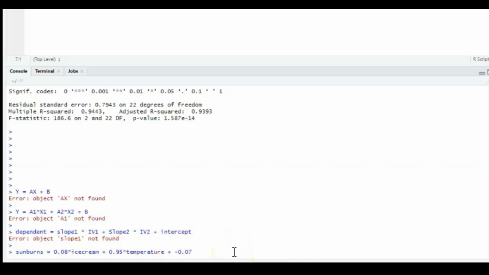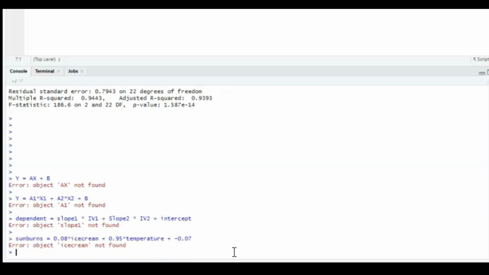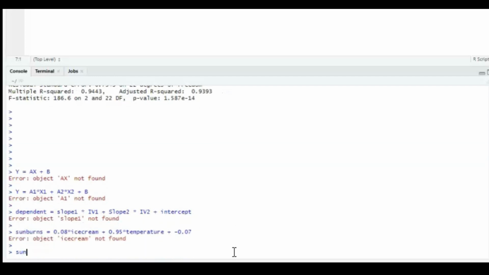So in this case, if I ate 8 ice creams throughout the month, and the temperature was an average of 5 out of 10, then you would fill it in that sunburns is 0.08 times 8 ice creams, plus 0.95 times the temperature, which was 5, plus the intercept of minus 0.07.